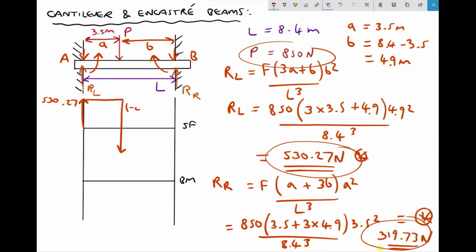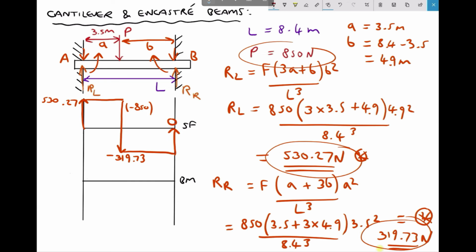So we have minus 850. Well, 530.27 minus 850 gives us minus 319.73. We continue to move from left to right until we reach the point of application of RR, and RR also causes positive shear of 319.73, which restores us back to the zero line on our shear force diagram.